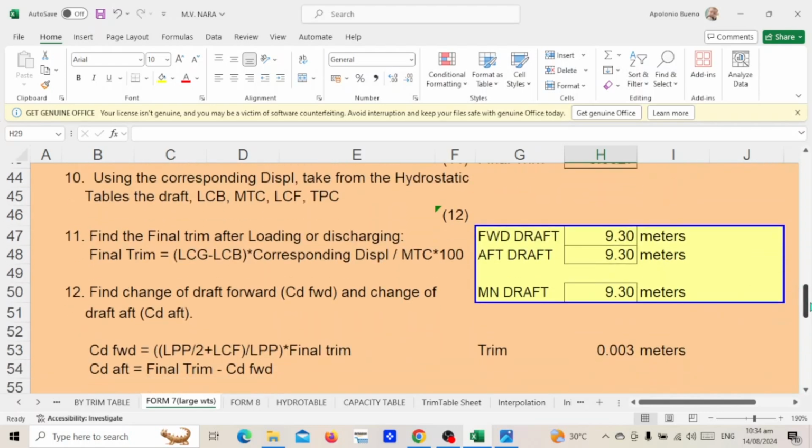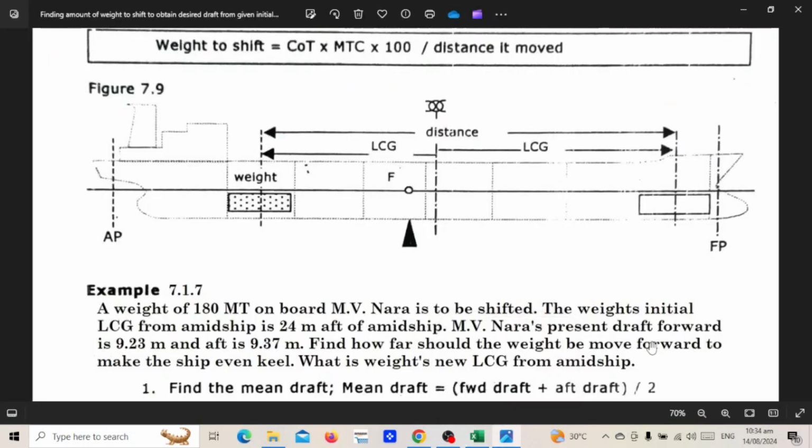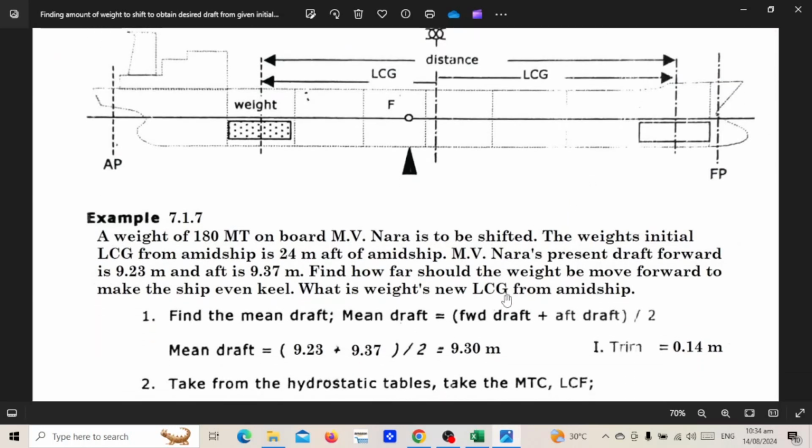Okay, so what does the problem say? The problem says: how far should the weight be moved forward to make the ship even keel.